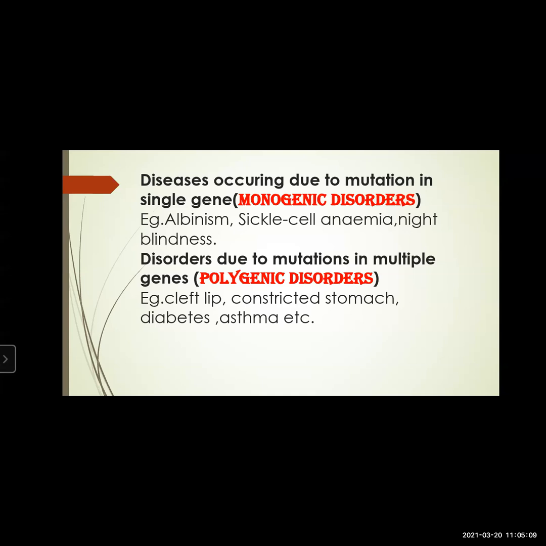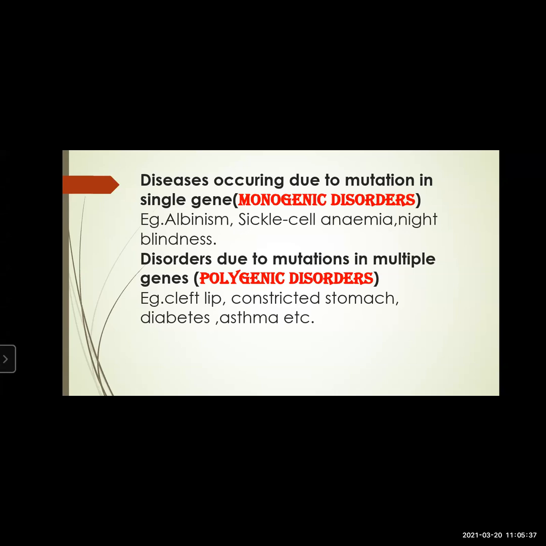So you know that DNA is also present in mitochondria. Mitochondria is one of the cell organelles, and mitochondrial DNA may also become defective due to mutation, right? And this disease, Leber's hereditary optic neuropathy, is also an example of mitochondrial disorder.